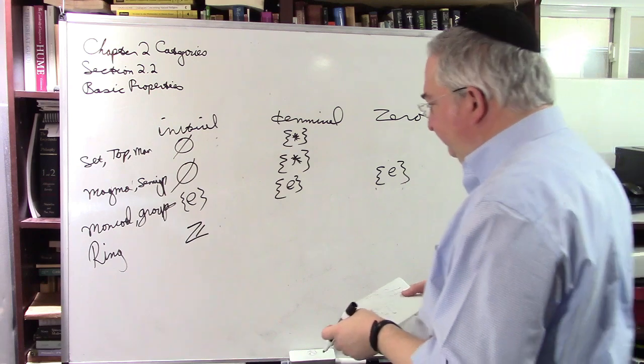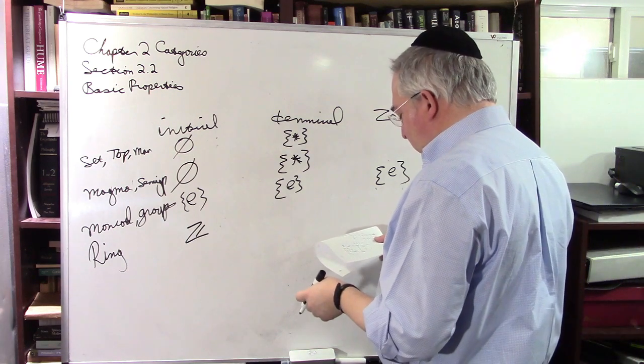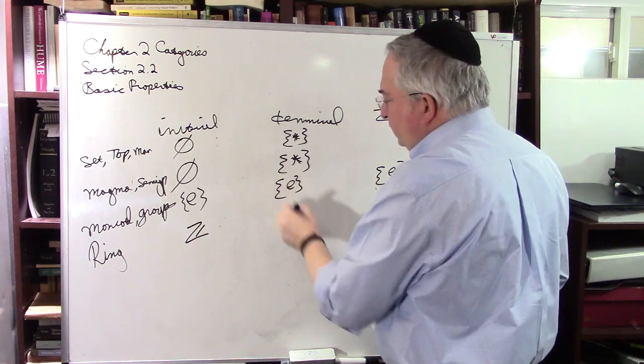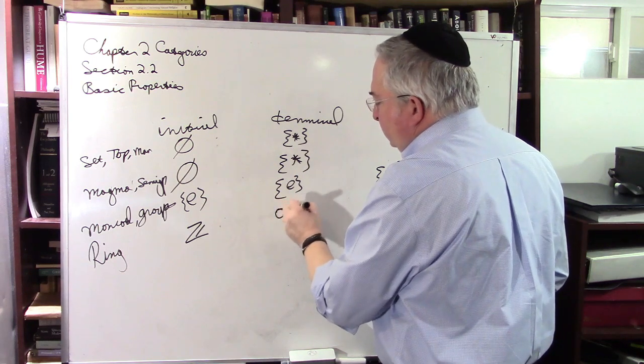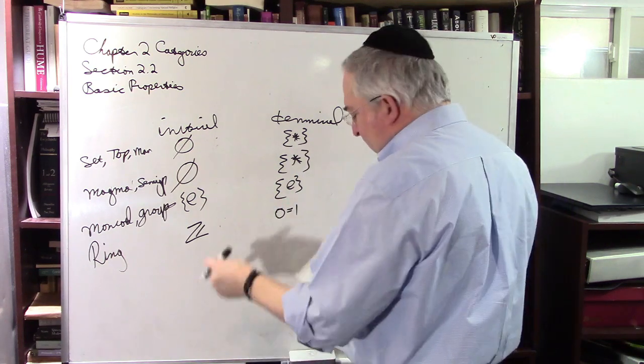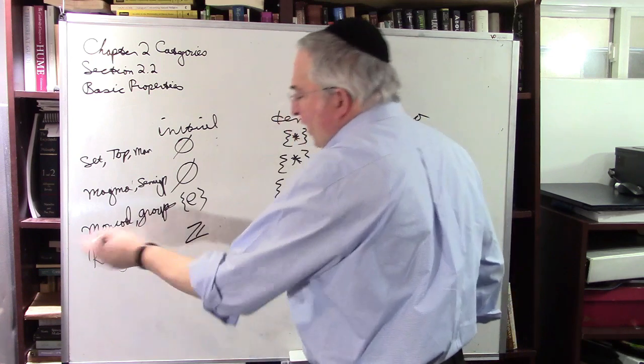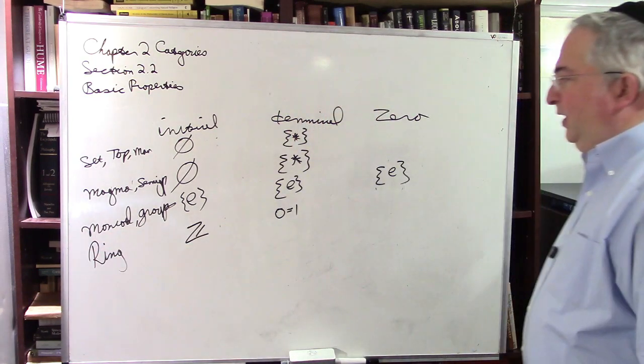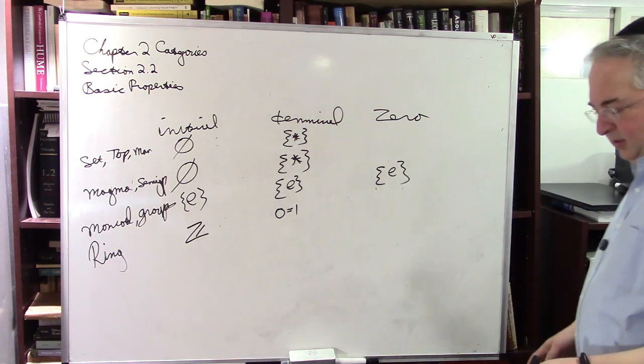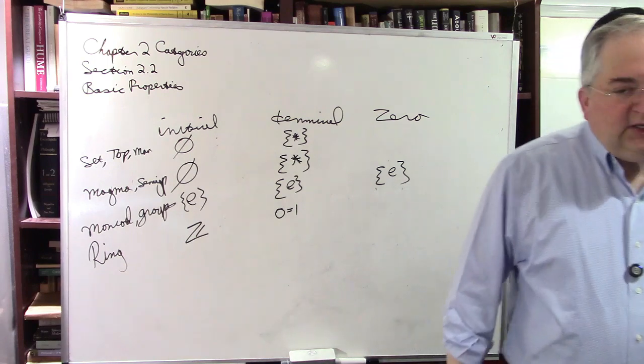There's a terminal object if you have 0 equal to 1. Don't want to get into that. Fields don't have an initial object and don't have a terminal object and don't have a zero object. Okay, so that takes care of that.